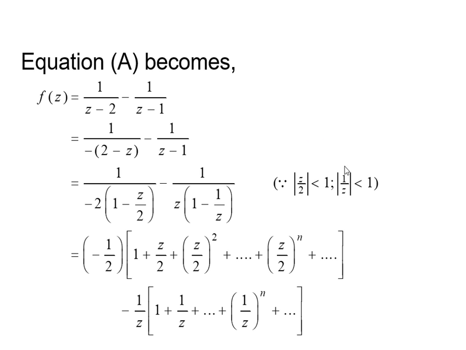Alright. So let us take the minus sign in front, we get 2 minus z, and once again take the 2 outside, we get 1 by z minus 2, that is 1 minus z by 2. So what about mod z by 2 value less than 1?